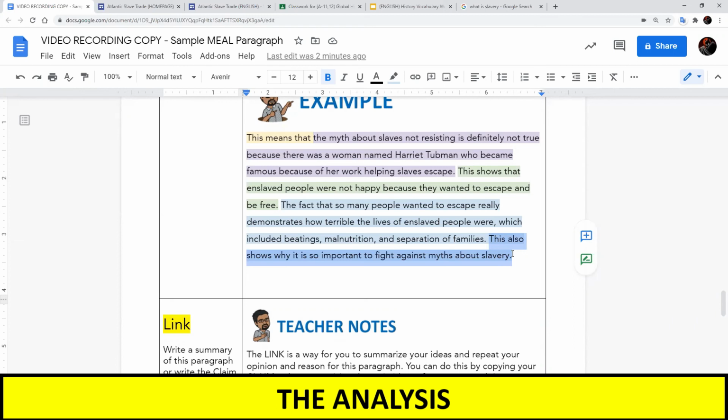Why is it important to discuss and to study history? So if you include some ideas like that in your analysis, I think that will really demonstrate that you understand what's happening in class, and it'll mean a higher grade for you because you really understand it.